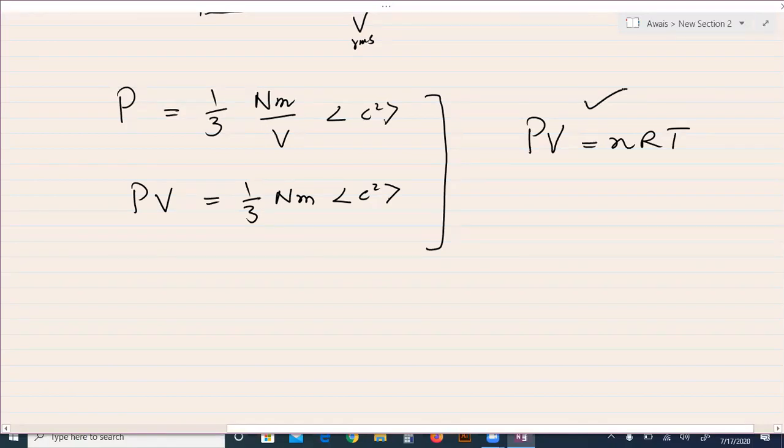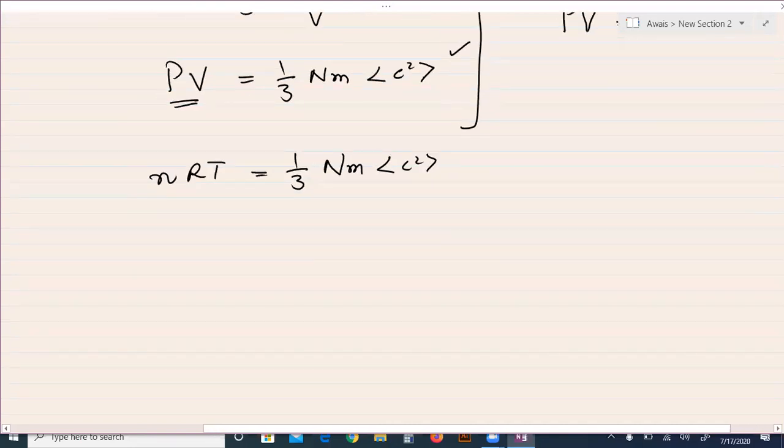So this is the ideal gas equation. So we can replace this PV with nRT. So nRT is equal to 1 by 3 Nm mean square speed. Now 3 nRT divided by n is equal to m mean square speed.